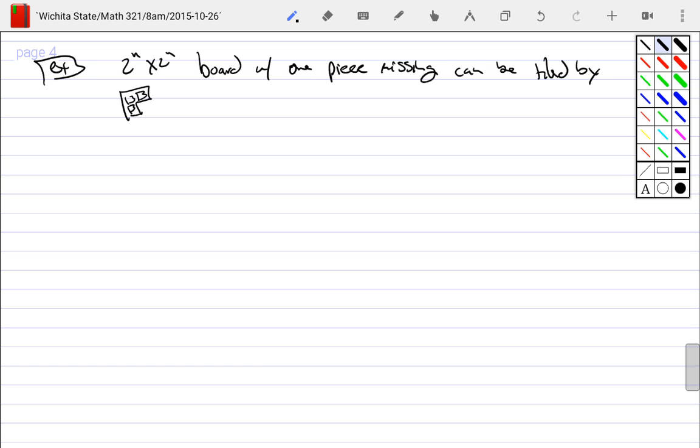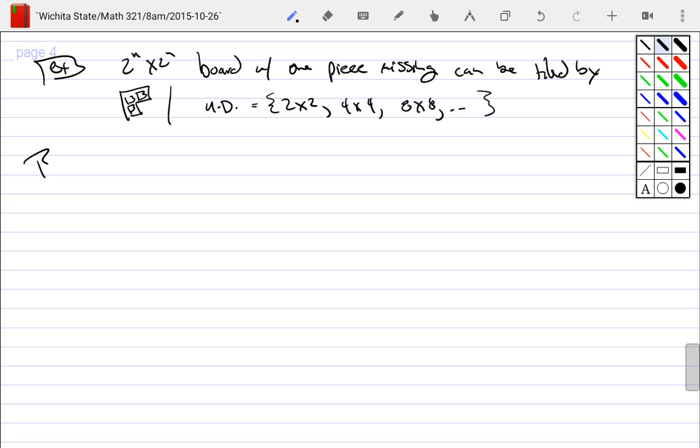Right, this little L-shaped piece can tile this thing out. Obviously, what we're looking at is a 2 by 2 for the universe of discourse. What we're talking about is a 2 by 2, then a 4 by 4, then an 8 by 8, etc. That's my universe of discourse.